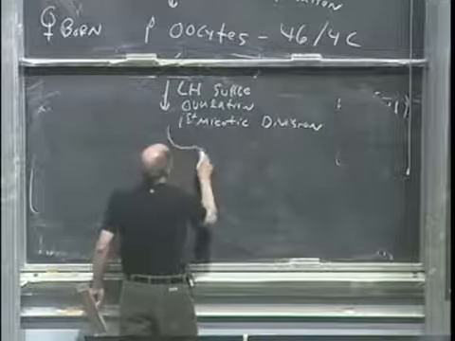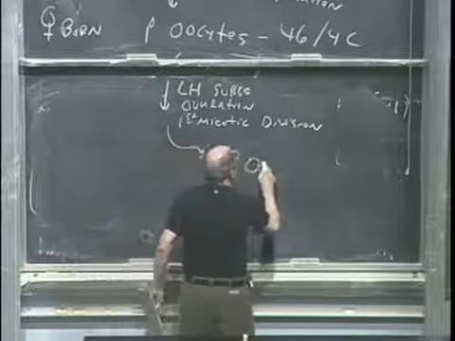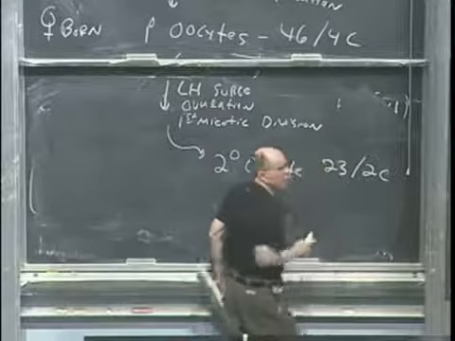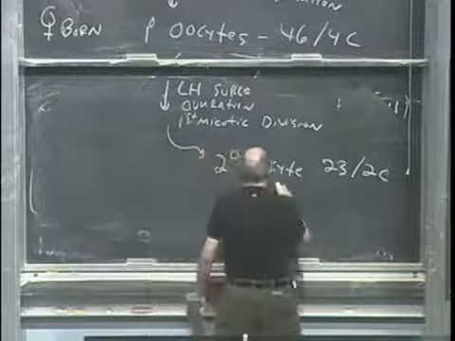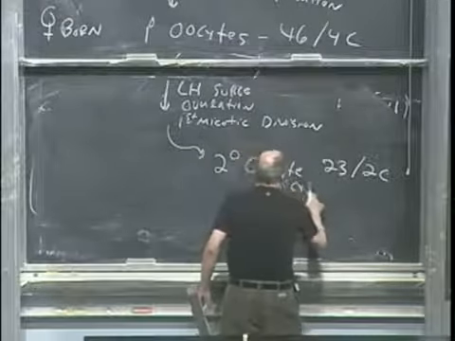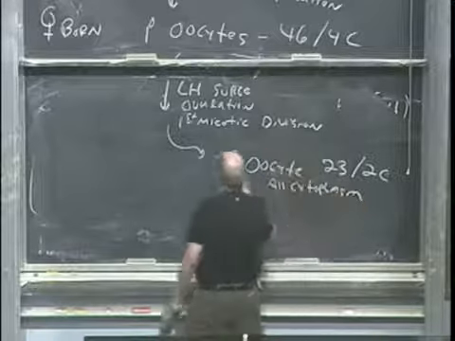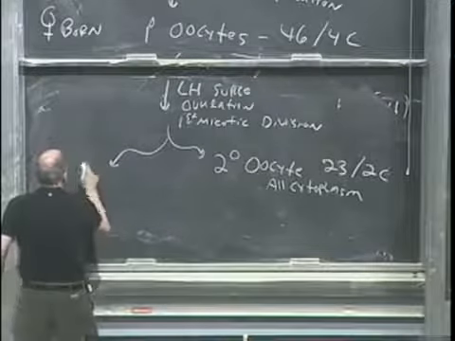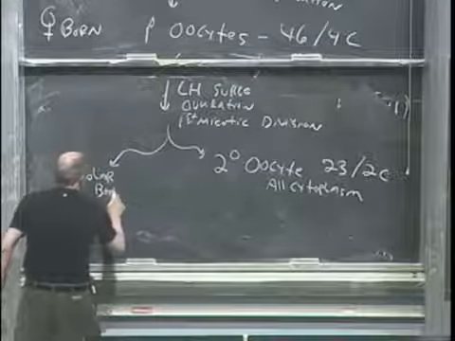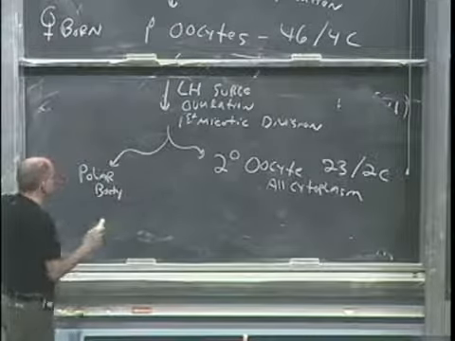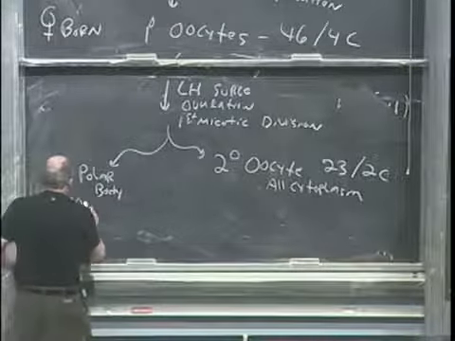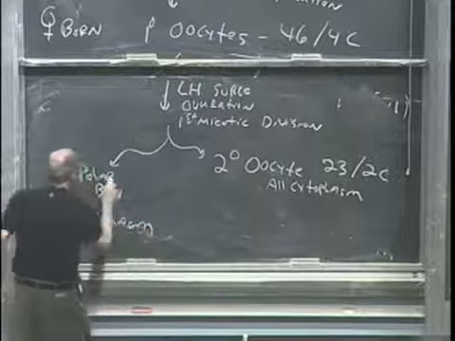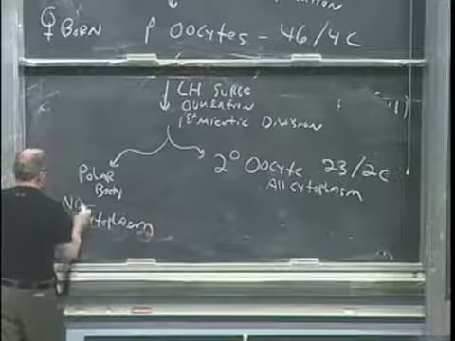So you form a secondary oocyte that is 23 chromosomes and 2C DNA, and it has virtually all of the cytoplasm. In addition, because you're splitting off the rest of the DNA, you get a small thing called a polar body, which is a 23 2C nucleus, but virtually little to no cytoplasm. And this basically gets eliminated.